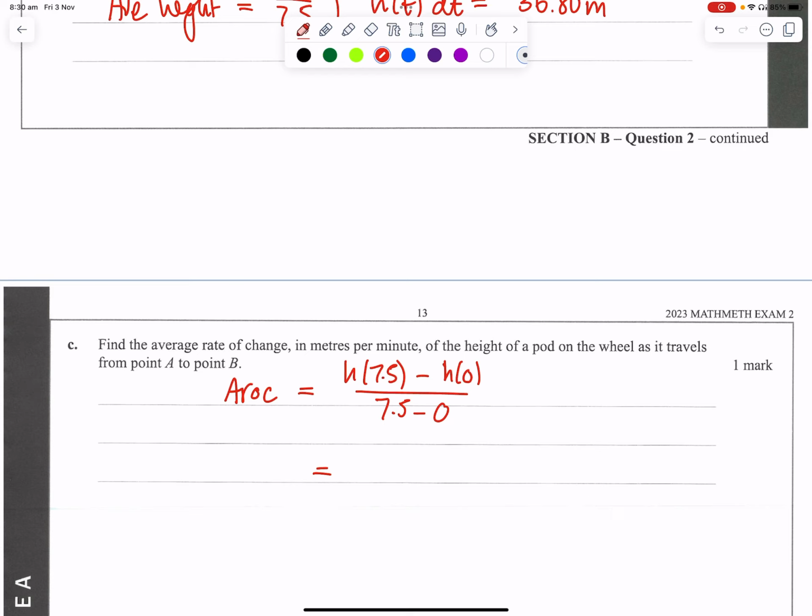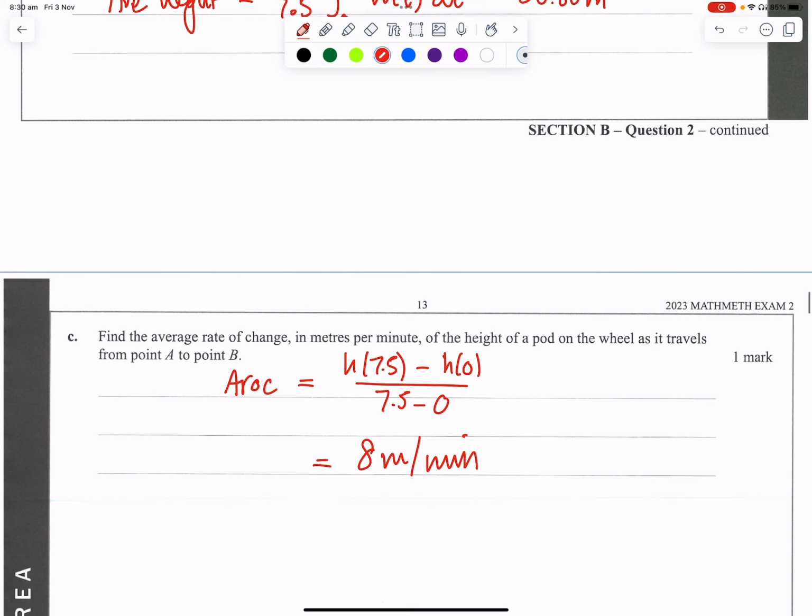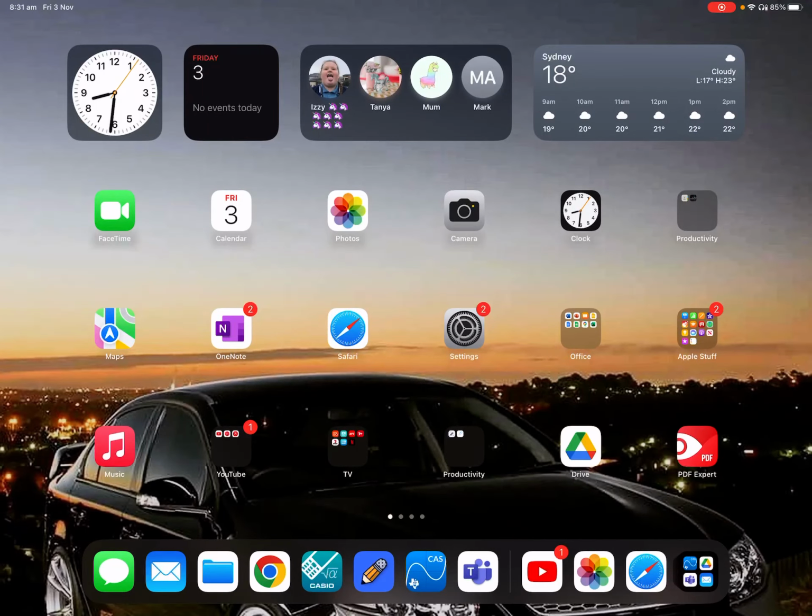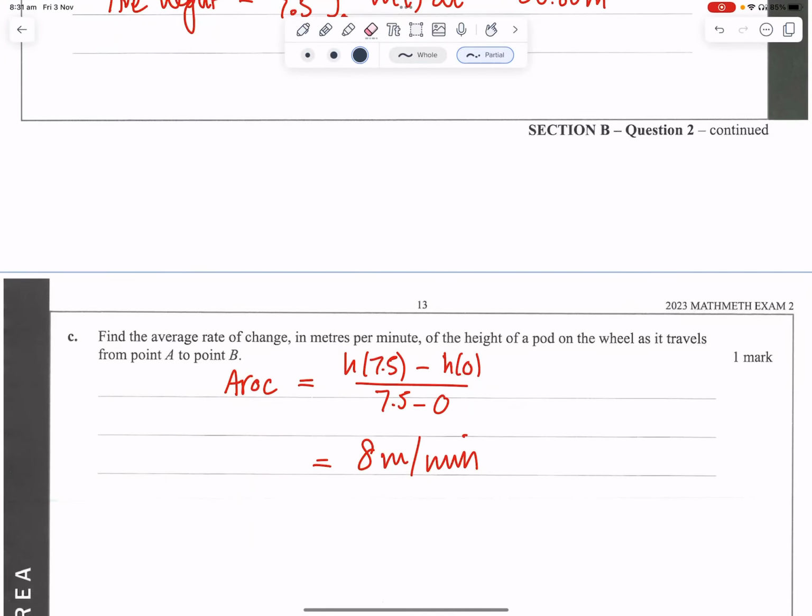Average in meters per minute. Okay, so 8 meters per minute. So where does it go from 15 to 75? So it goes up 60 meters over 7.5 minutes. Yeah, that sounds right.